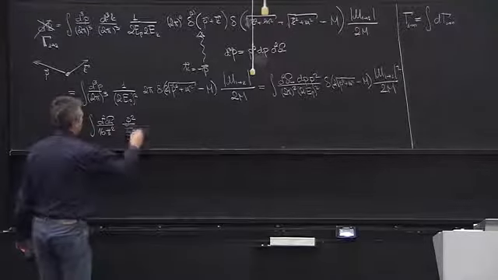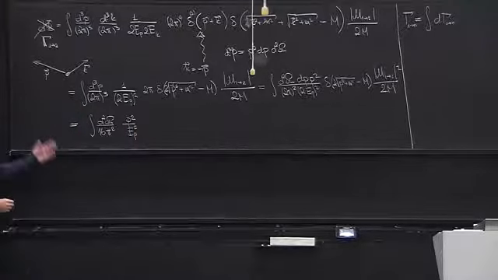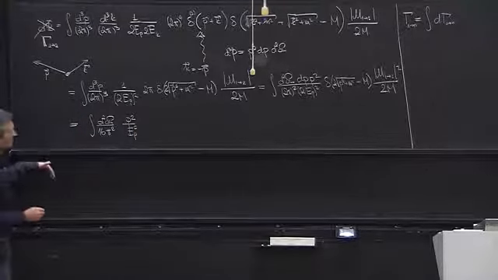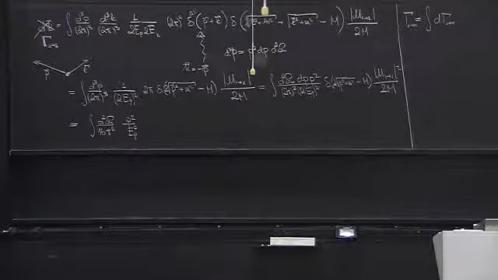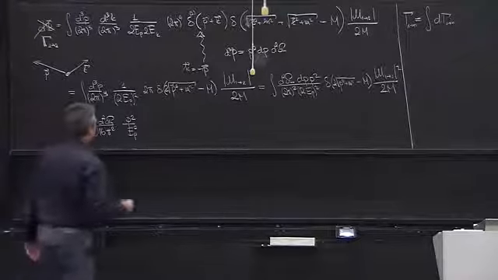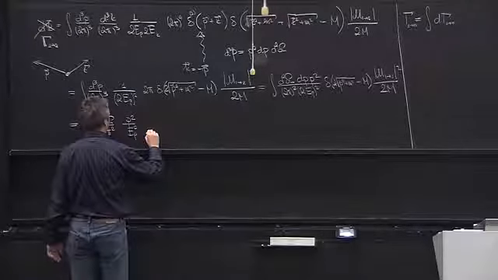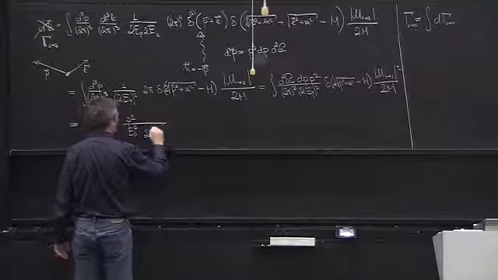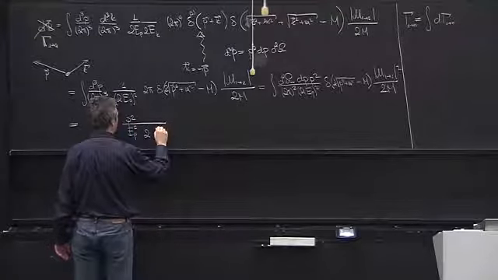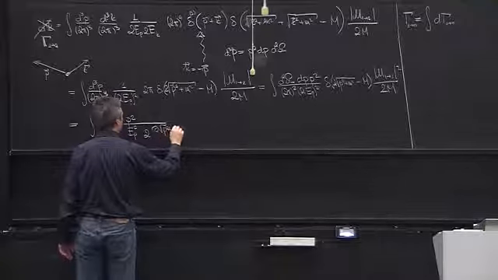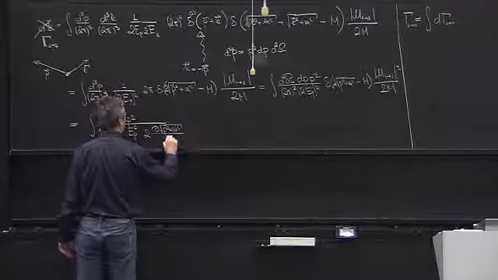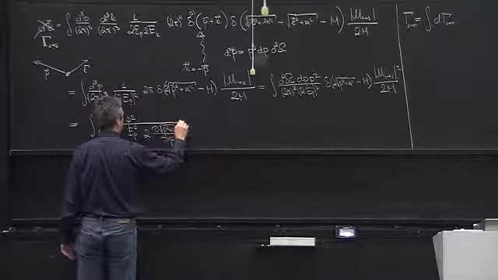And then when I eliminate the delta function, I need to divide by the derivative of the argument with respect to the integration variable. So this will be d of square root of p squared plus m squared differentiated with respect to p.